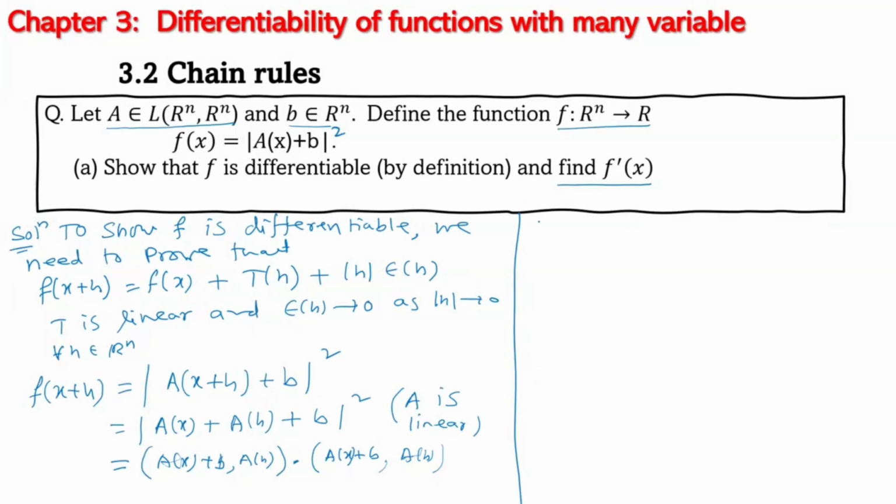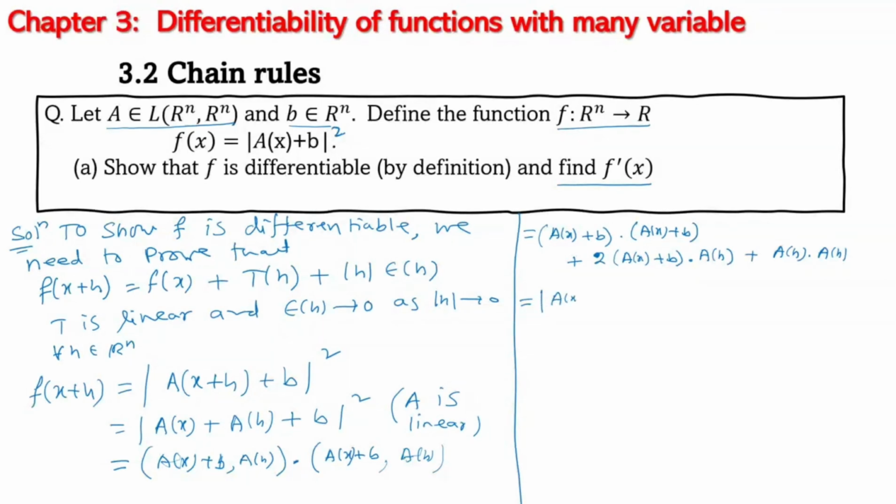Expanding this dot product, we can rewrite it as ax plus b dot ax plus b, plus 2 times ax plus b dot ah, plus ah dot ah.